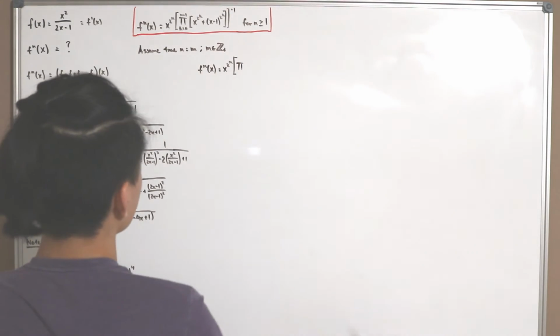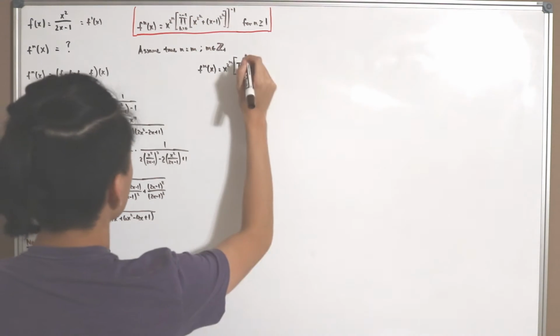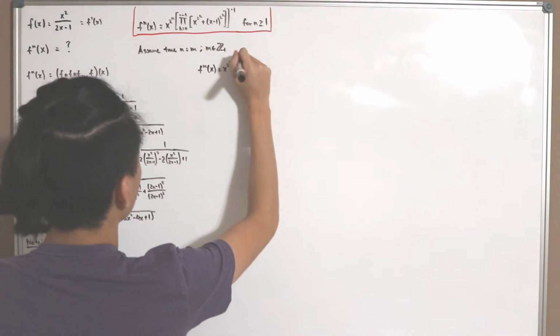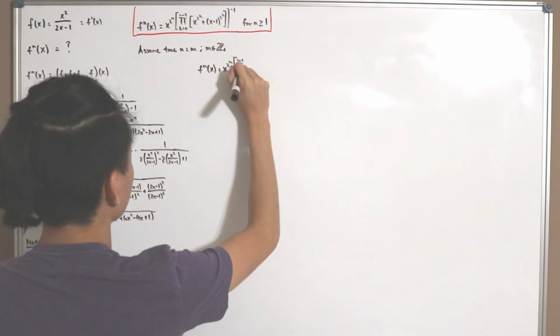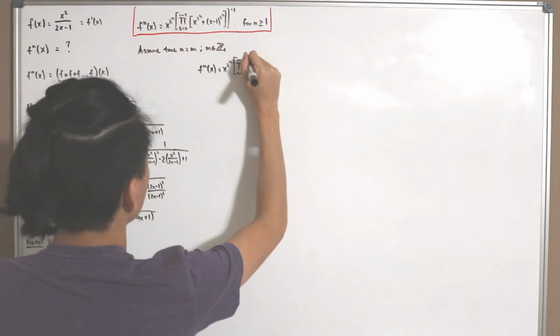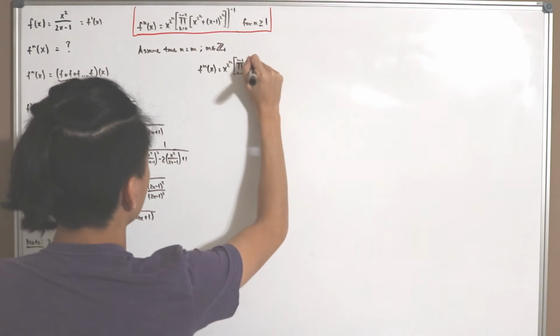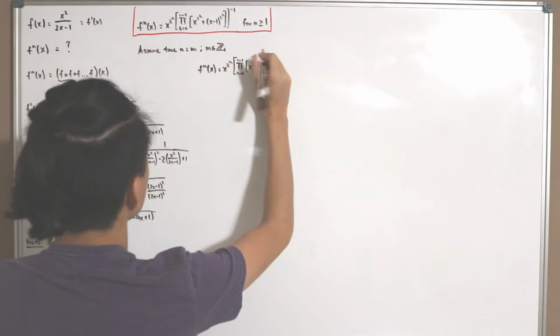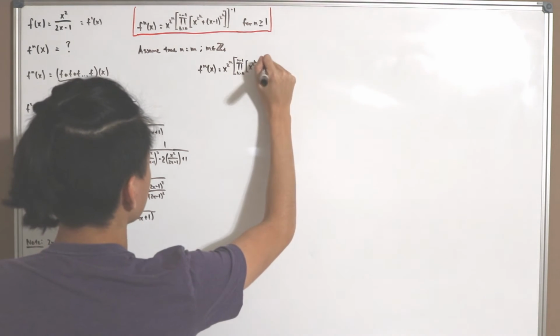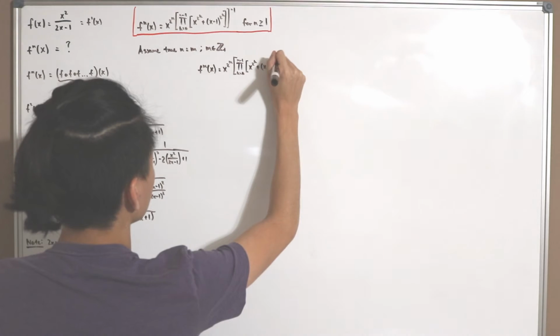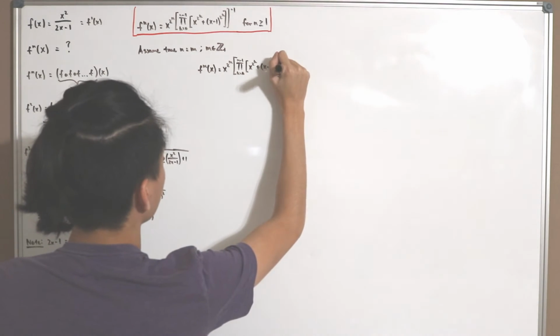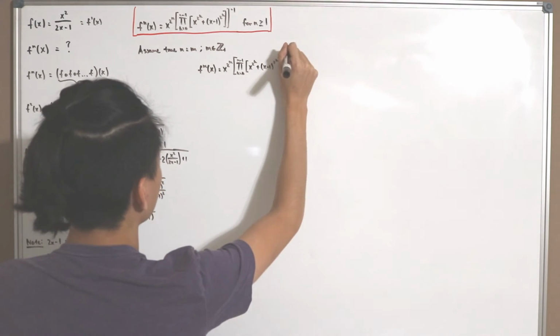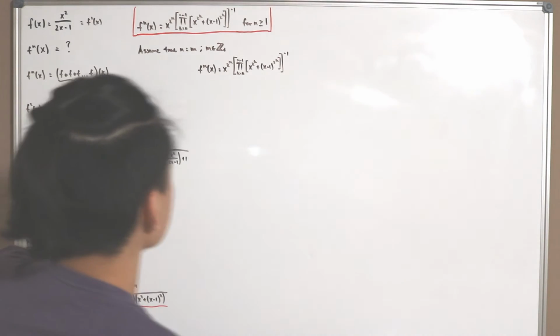I accidentally wrote an m. So n minus 1, then k equals 0 of the same thing: x to the 2 to the k plus x minus 1 to the 2 to the k, and then negative 1. Okay, nice.